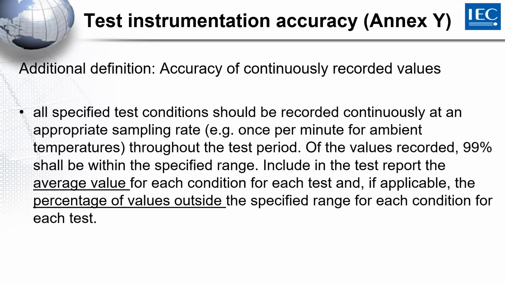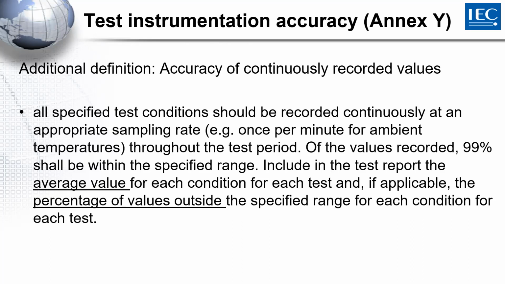And okay, one can think and say that we want to have 100% of all the measured values within this range. But then you are never sure if there are some outliers, if this should already make your test invalid. And therefore we said, okay, we would be satisfied if 99% of those values are within this specified range. And it's on you then to verify this.